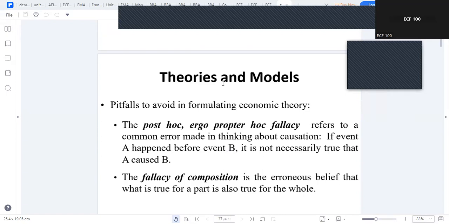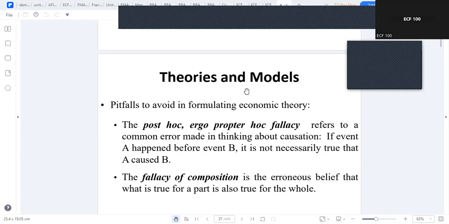Now, there are pitfalls that we must avoid in formulating economic theories. There's what we call the post hoc, ergo propter hoc fallacy, which refers to a common error people make when they are thinking about causality.